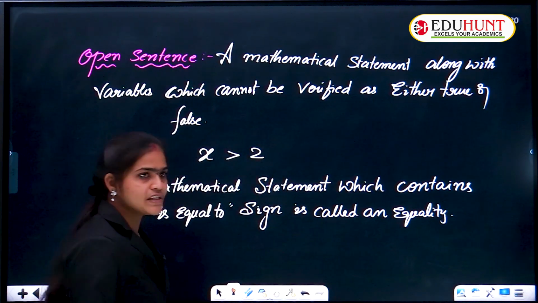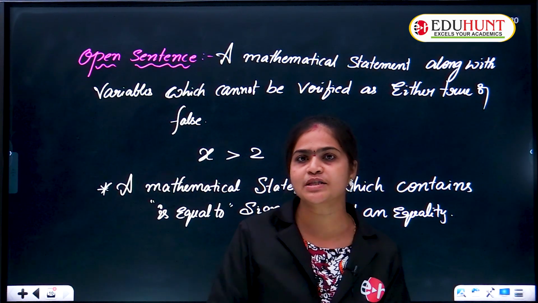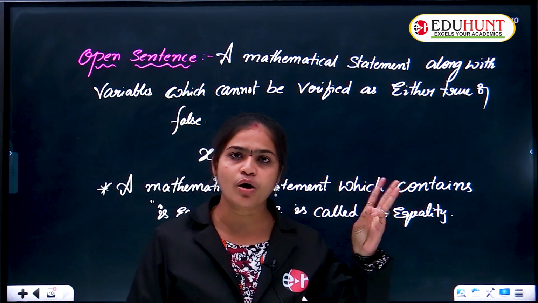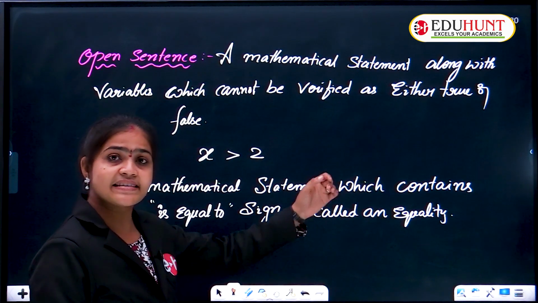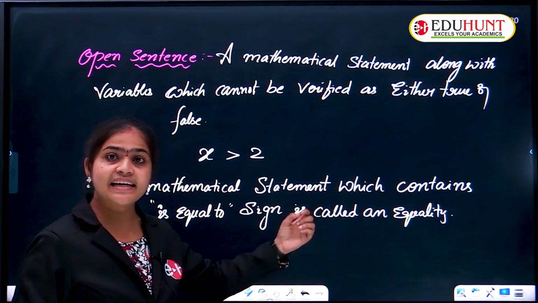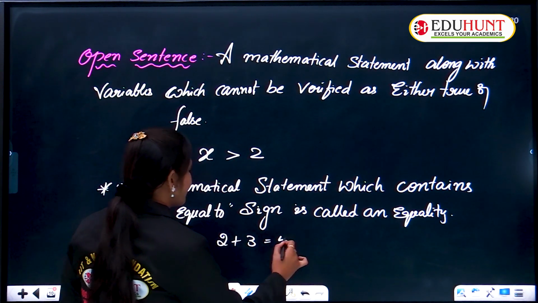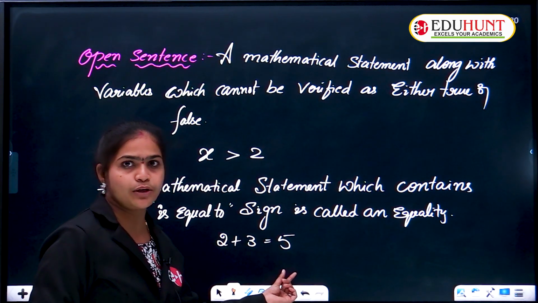So what is the meaning of this? Mathematical statements means numerical expressions connected by using the is equal to sign, or greater than sign, or less than sign, any one of those three signs. Right? Here exactly that sentence is having the is equal to sign only, which means 2 plus 3 is equal to 5. This mathematical sentence contains the is equal to sign.